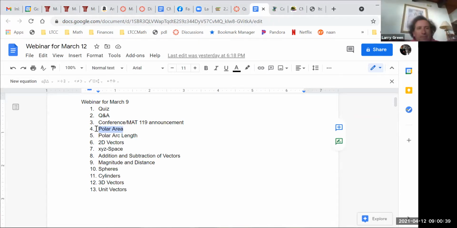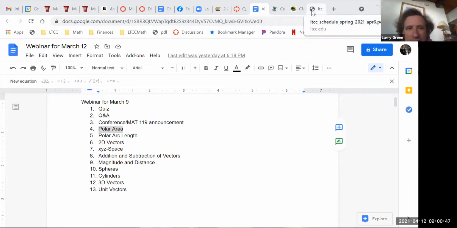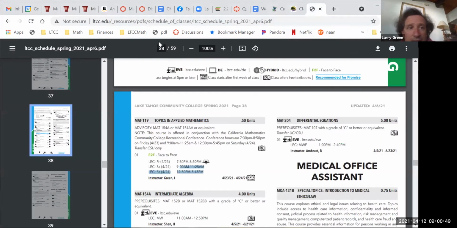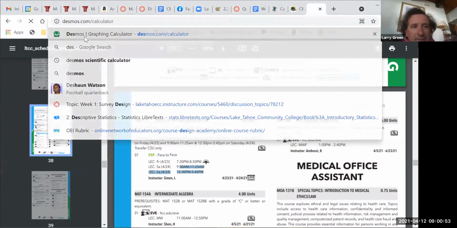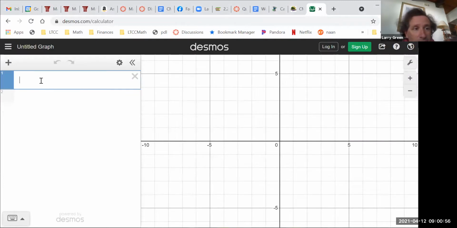I thought it might be interesting to show you what it might look like, and then realize that there's stuff to do. So let's go to Desmos. How about just sine of 6 theta? Oops, r equals sine 6 theta.